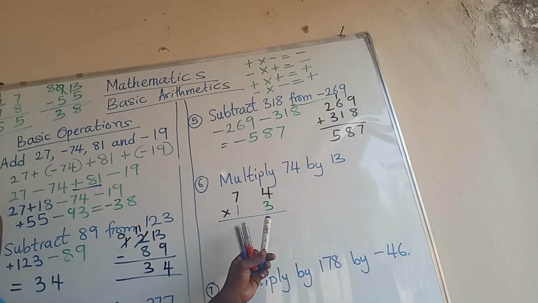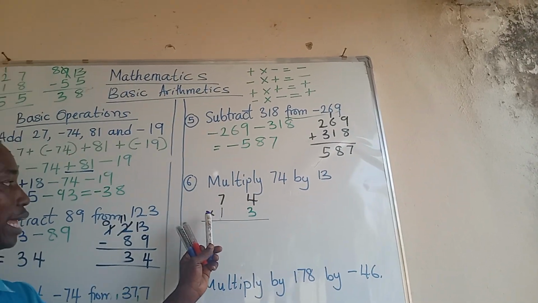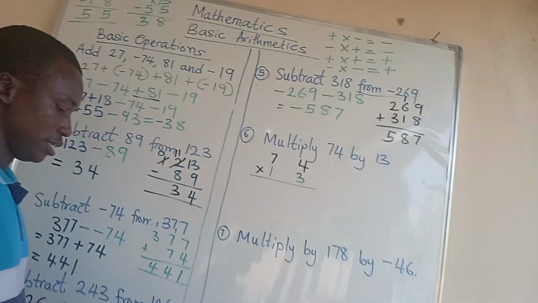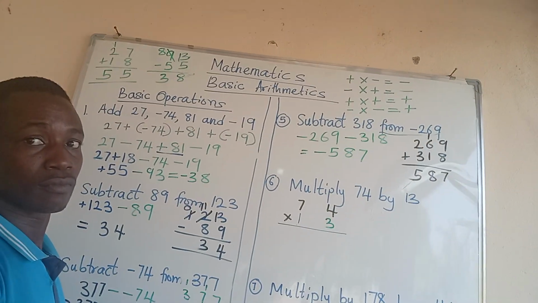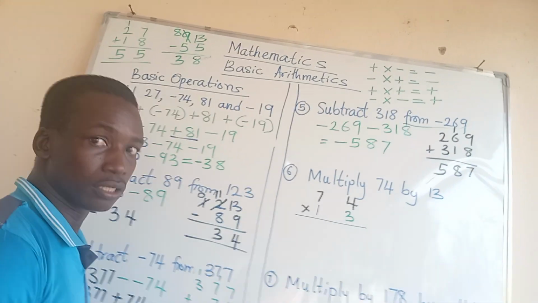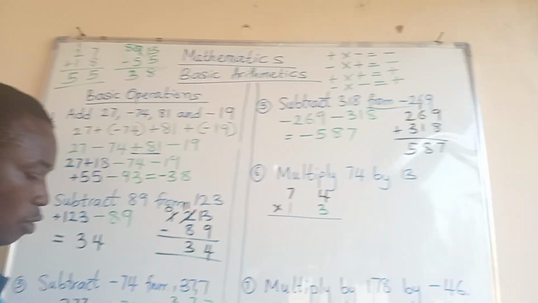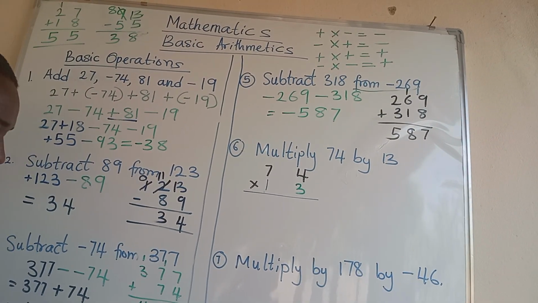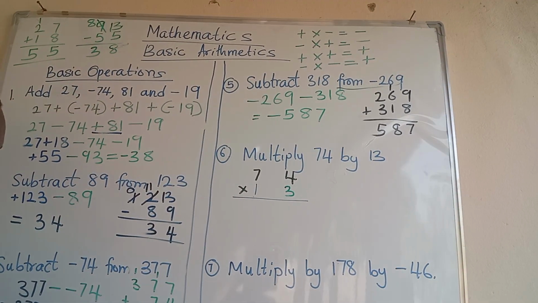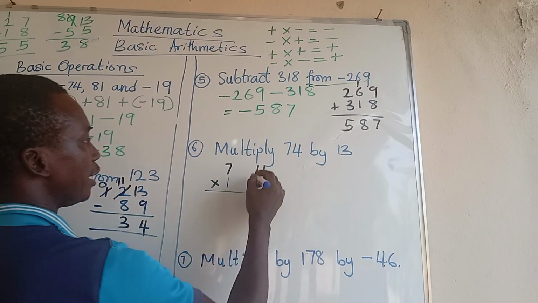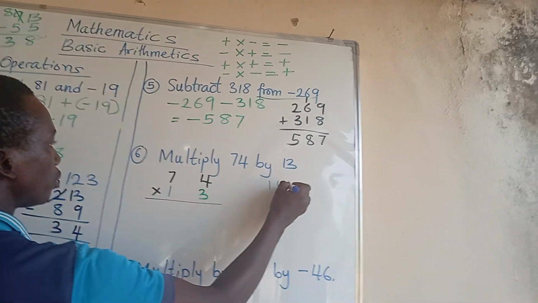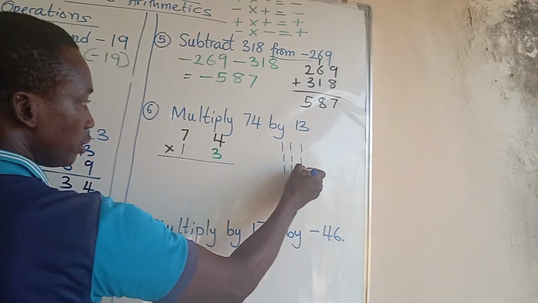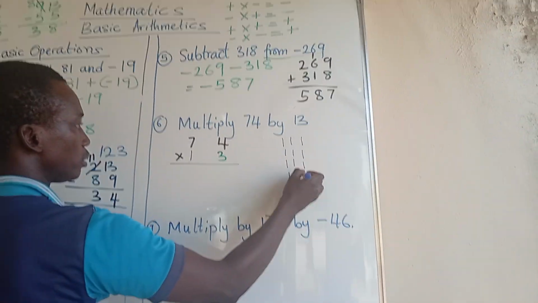So we mean 3 times 4. 3 times 4 is what? 3 times 4 means counting 3 in 4 places. So let's count 3 in 4 places. 1, 2, 3. 1, 2, 3. 1, 2, 3. 1, 2, 3.